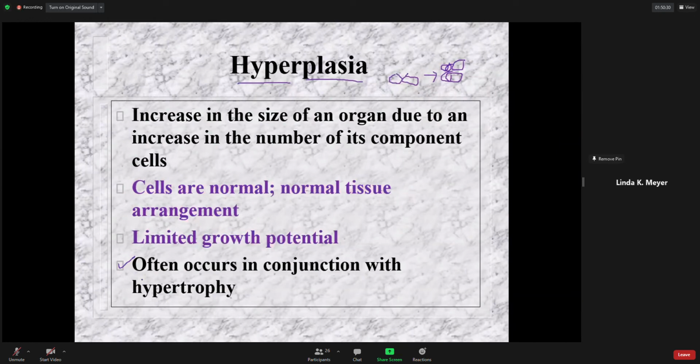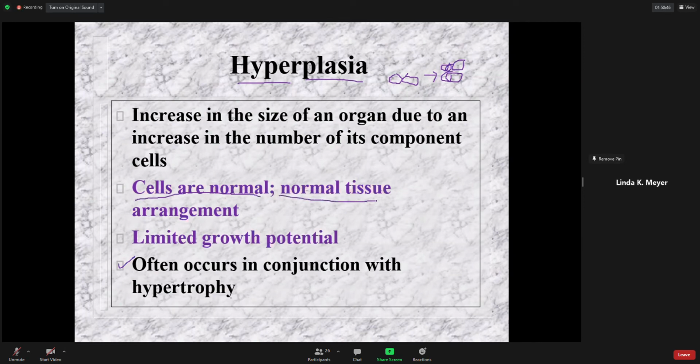So often it's hard to just separate the two because they do occur together. Again, I just want to mention when a tissue is hyperplastic, the cells are normal.